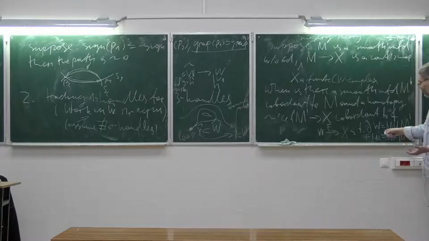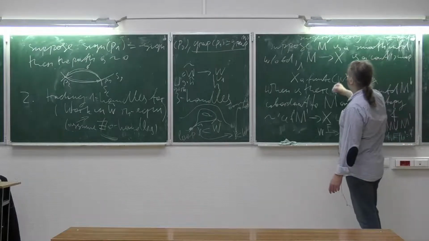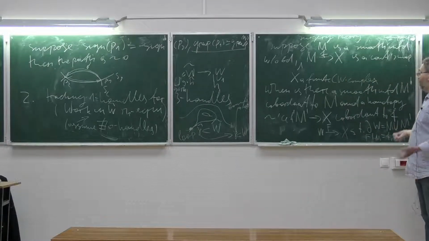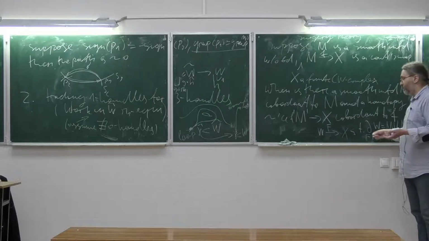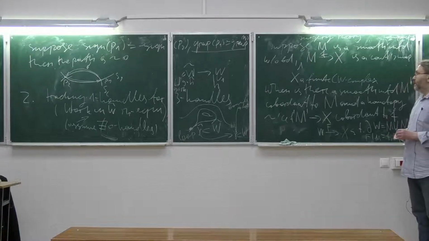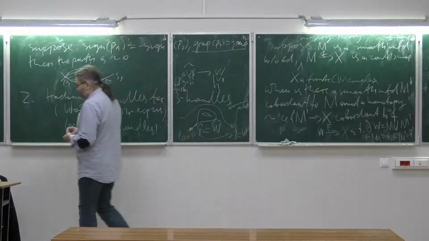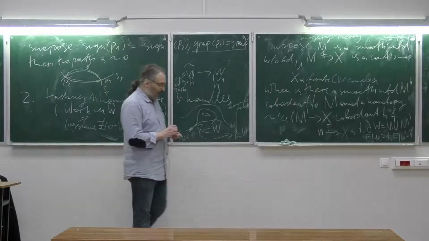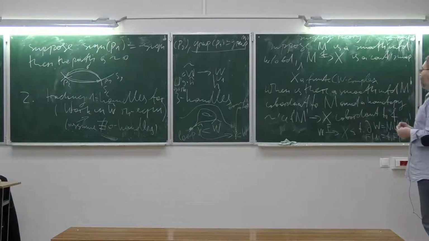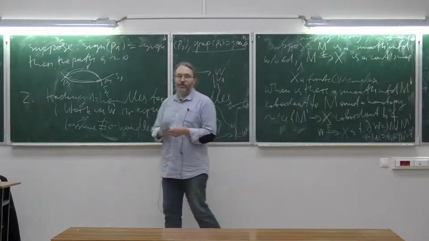On M, I want this F to coincide with small f, which I'm given. And on M prime, I want capital F to be f prime, which is the homotopy equivalence I'm after. This is the sort of question we want to be able to answer.